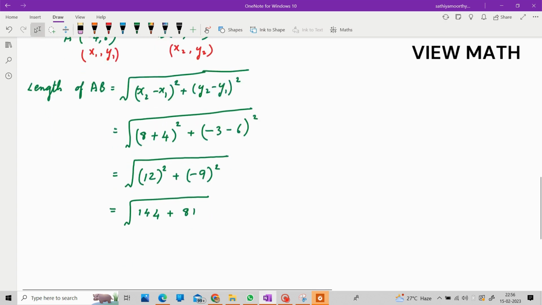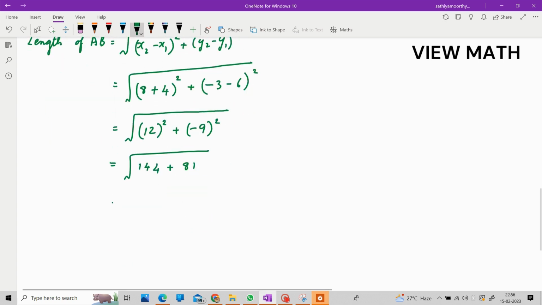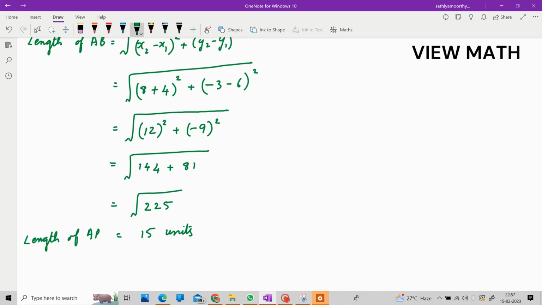So this is equal to the square root of 225. The square root of 225 is 15 units. So we have found out the length of AB. Length of AB is 15 units. We have found out the third subdivision.